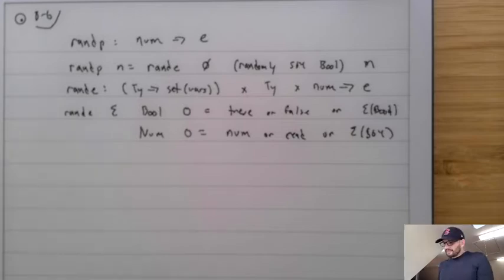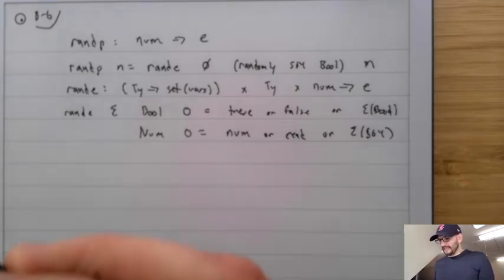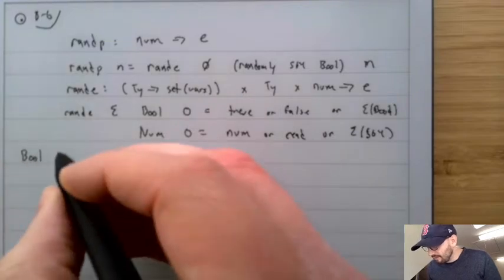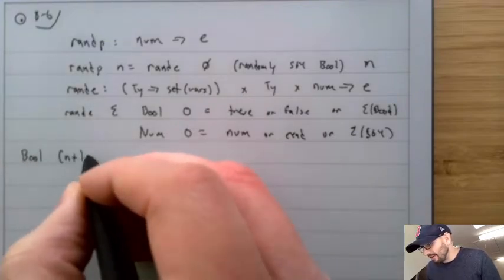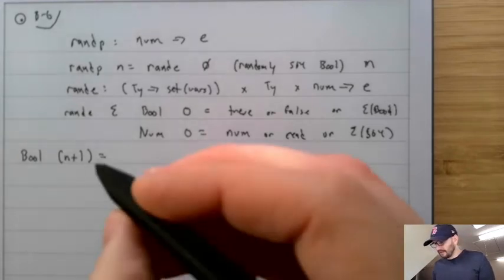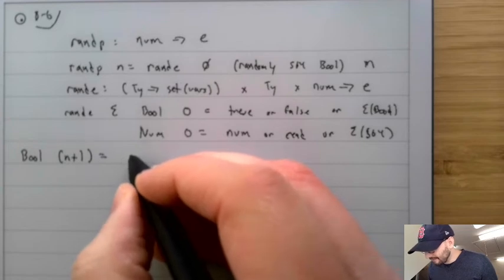Okay? Well, now we can think about the more interesting cases. What happens if we call random generation on a bool and n+1? What are the different choices there? Well, what we can do is we can either generate a comparison operation. So we could generate a compare.